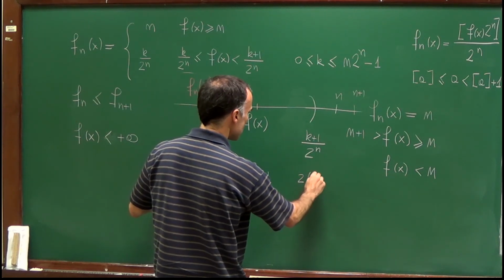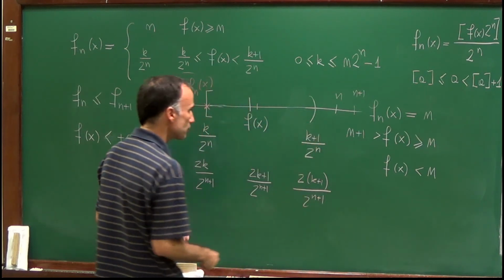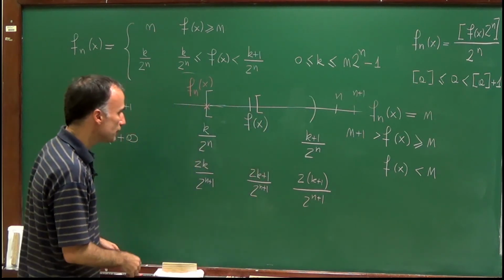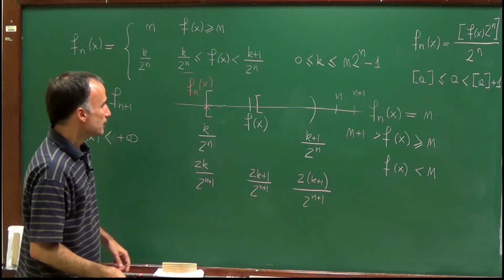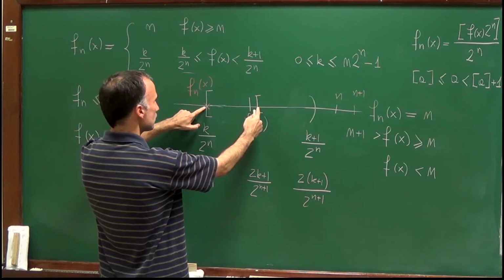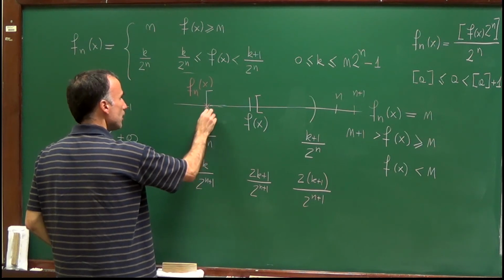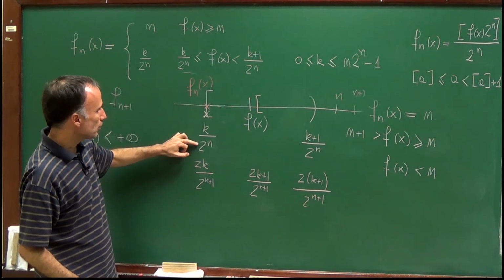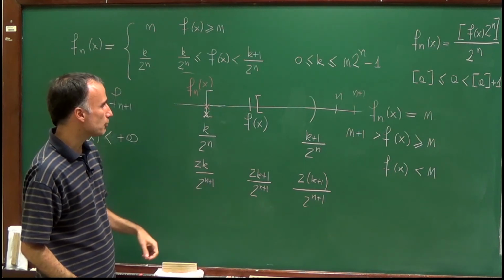And here 2 times k plus 1 divided by 2 to the power n plus 1, which corresponds to this point. So here's our new interval in the scale n plus 1. This means that if f of x takes value in this first interval, fn and fn plus 1 of x are equal to k over 2^n, which can be also written as 2k divided by 2 to the power n plus 1.